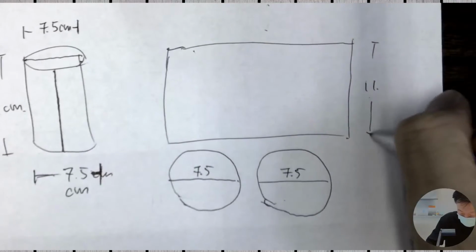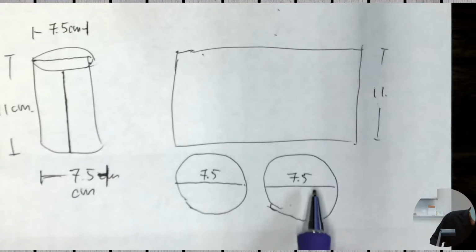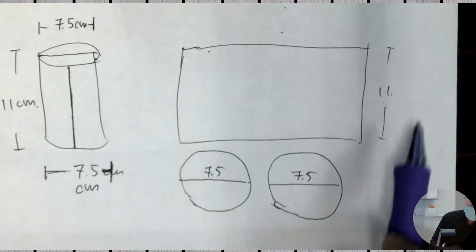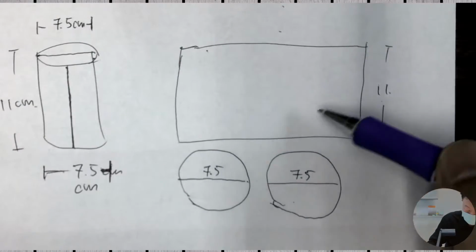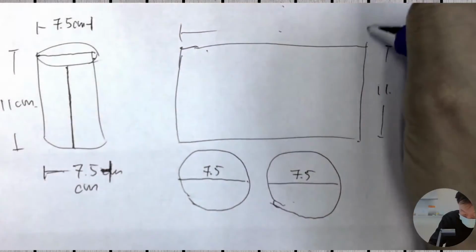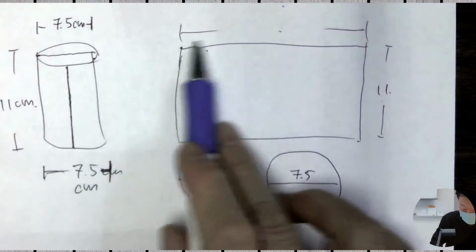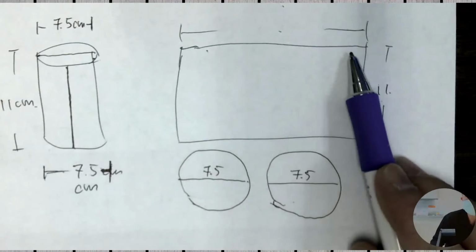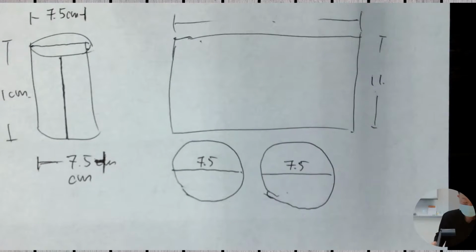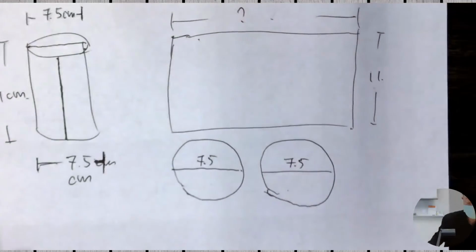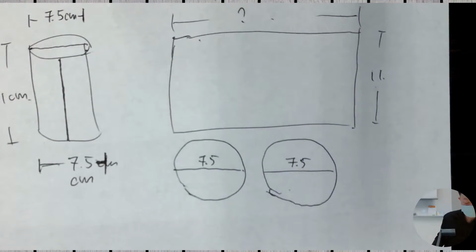All right. So knowing the diameter, I'll be able to look for the surface area of the circle. Knowing one side, I'll be able to know the area of the rectangle, but I also need to know how much that other side is, right? How do I look for that side? Any suggestion? Is that 7.5?